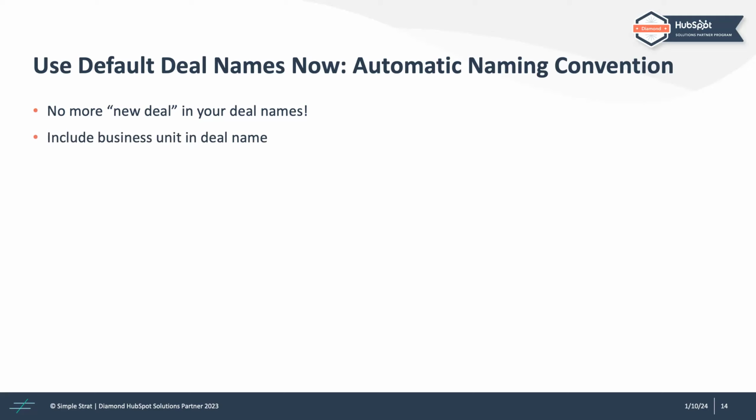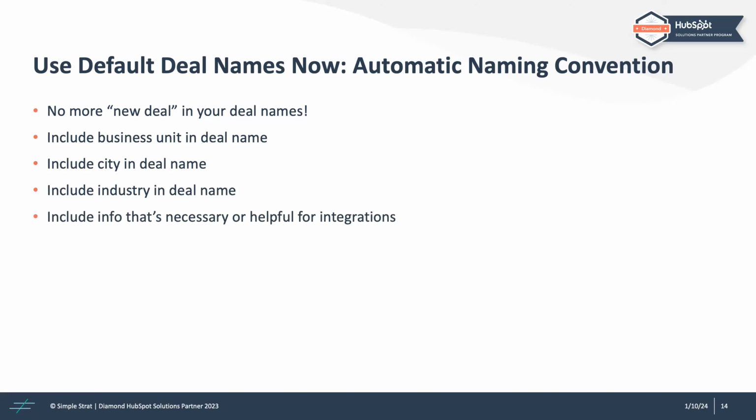You can also include the business unit in a deal name. So if you're an enterprise and you're using business units to manage different brands, you can pull that in. What you can do is combine any text you want with any personalization token, so any property on the contact or company record. Include the city in the deal name, include the industry in the deal name, include information that's necessary or helpful for integration.